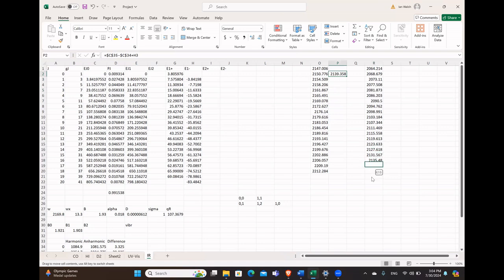So this 2139, how much light is going to be involved in this absorption? Well, what does it depend on? It depends on how many molecules are at this state. So this one represents molecules being in the first excited state, right, going to the ground state, as this calculation here tells us. So what's the proportion of molecules in that first excited state? It's this number here.